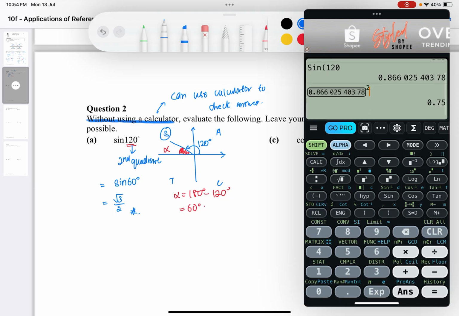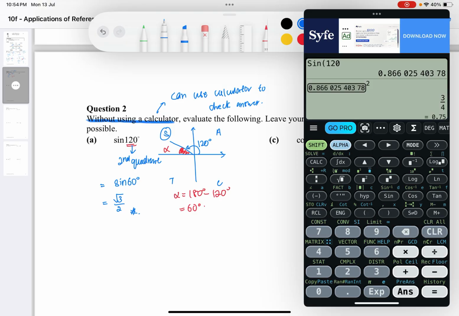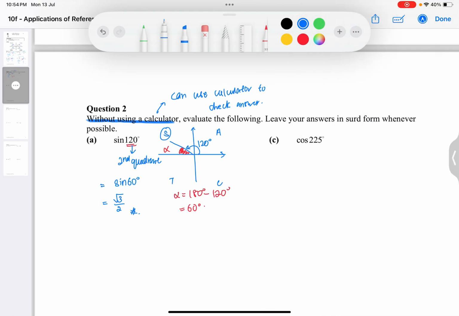If you square that, that's actually 3 over 4, which if you square root it, you will get root 3 over 2. Then check sine 60. Same thing. See that? So sine 60 is equal to sine 120. So you now know that your answer is definitely correct.